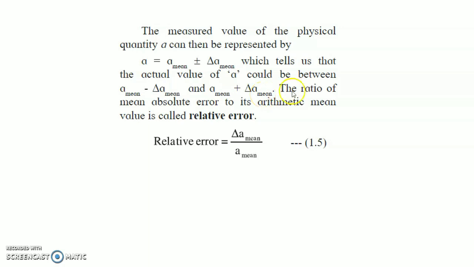The ratio of mean absolute error, that is delta A mean, to its arithmetic mean, that is A mean, is called relative error. So the formula for relative error is the error, delta A mean, divided by the probable value, A mean.